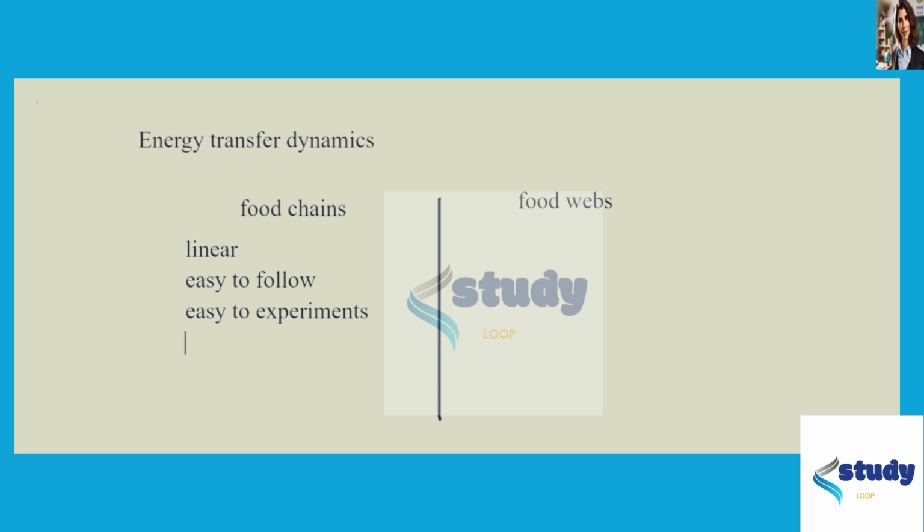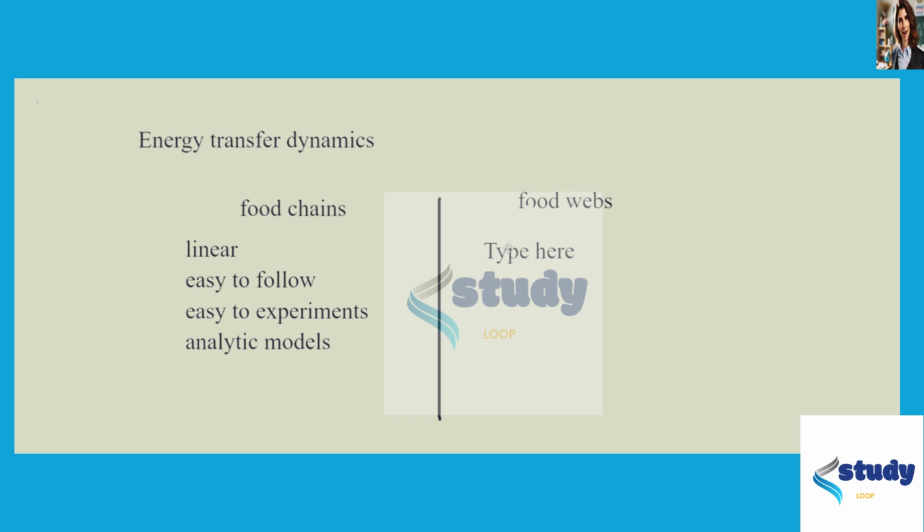Because of all these three things, food chains are most useful for analytic models, because math equations are much easier to understand if it's just single inputs and single outputs, and given this easiness of experimentation and following it.